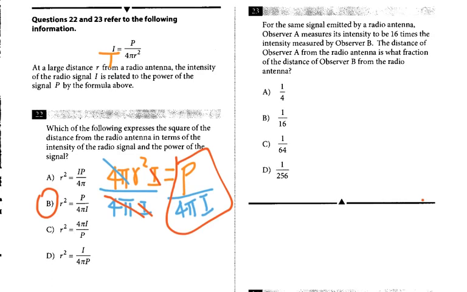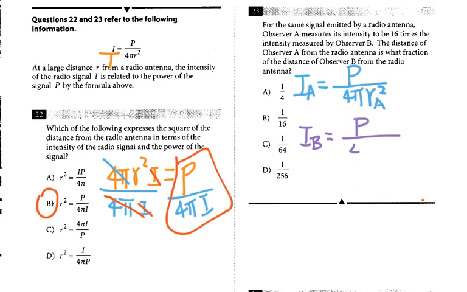So for 23, I will use the original formula and write down I, intensity of A, equals power, which is the same, over 4 pi RA squared. Then for intensity of B equals P over 4 pi RB squared.